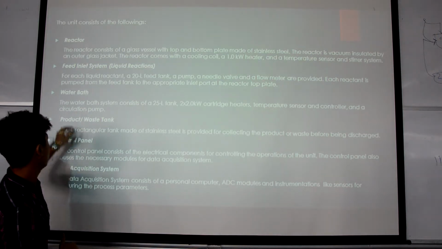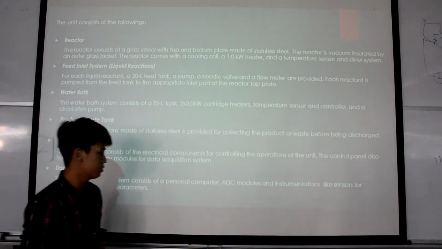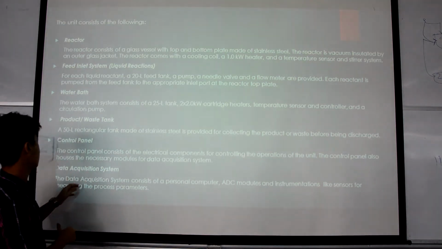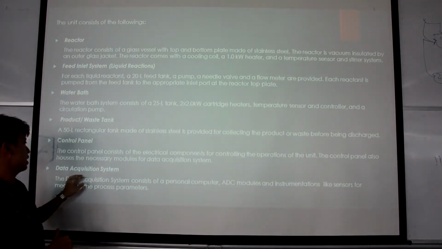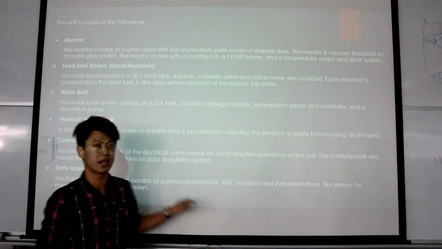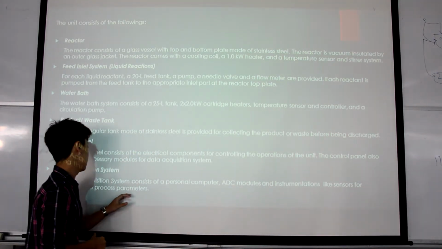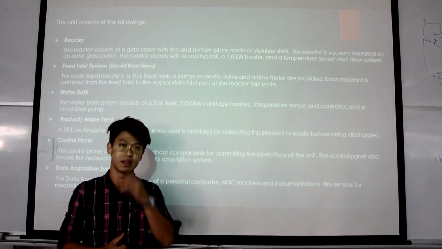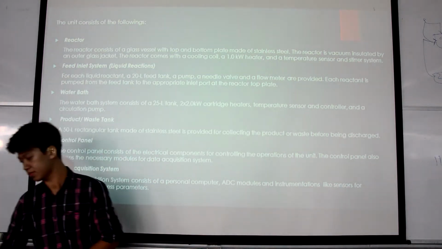After that we have the water bath, whereby the water will be used as a cooling water system. And the last will be the control panel as well as the data acquisition system. Basically, it's just a computer system whereby we can process the data and produce a graph and control the other process parameters such as temperature and the pressure of the reactor.